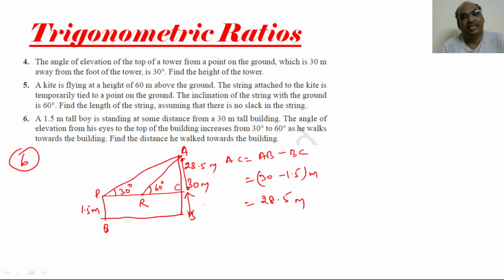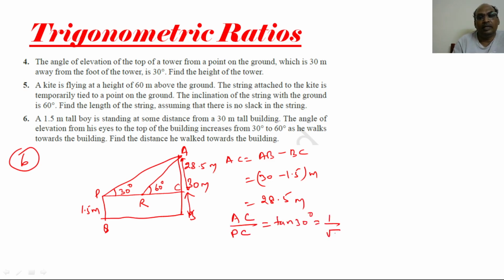Now with that AC, we will find PC. So AC by PC is equal to tan 30 degree, is equal to 1 by root 3.